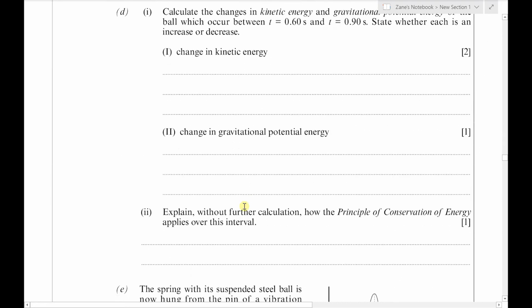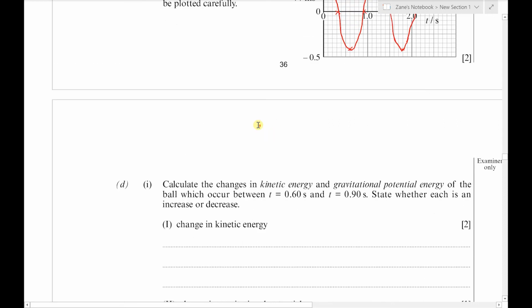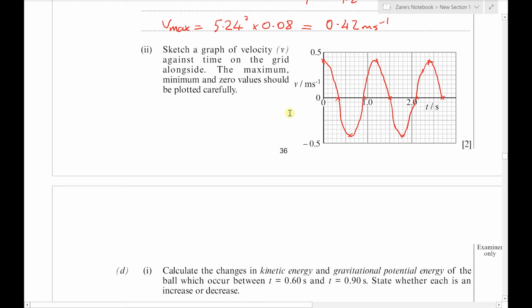For part D1, we've got to calculate the changes in kinetic energy and gravitational potential energy of the ball between 0.6 and 0.9 seconds. And we've got to state whether each is an increase or decrease. So let's look at the kinetic energy first. Kinetic energy is half mv squared. At 0.6 seconds, the ball has a maximum negative velocity, and at 0.9 seconds, the ball has zero velocity.